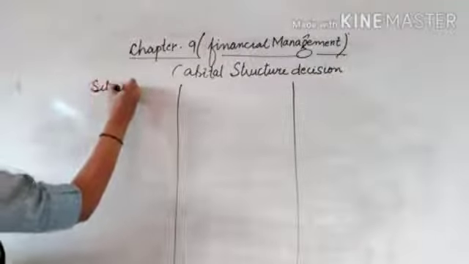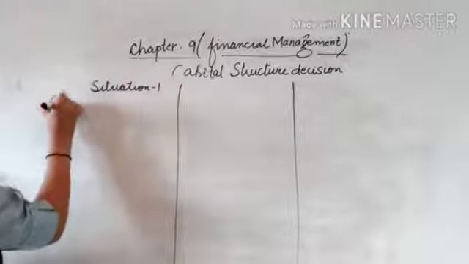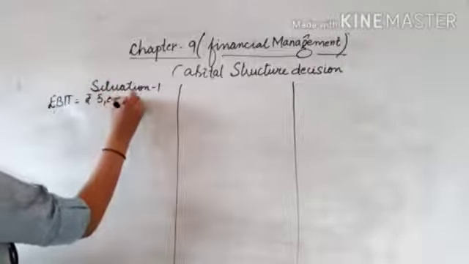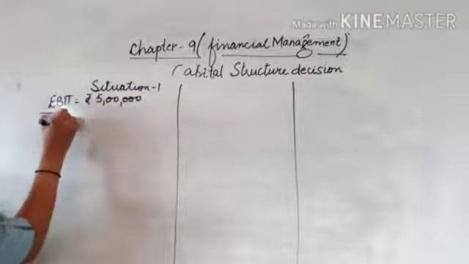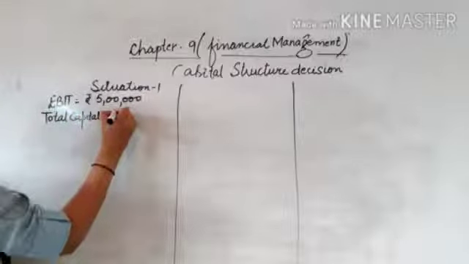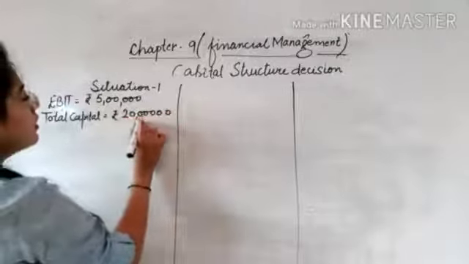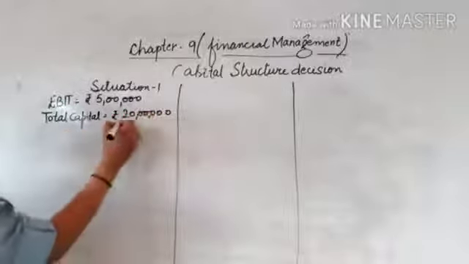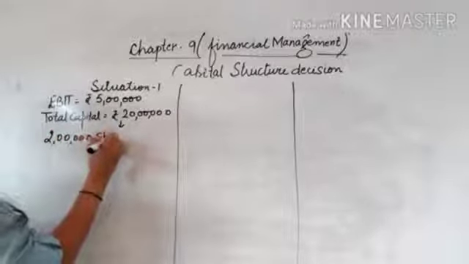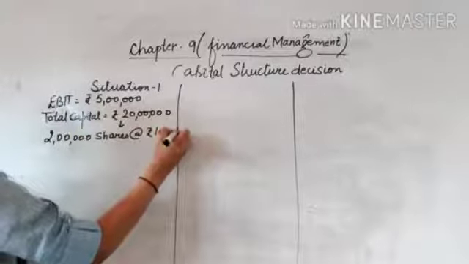Situation 1, EBIT rupees 5 lakh. Total capital rupees 20 lakh, divided into 2 lakh shares at the rate of rupees 10 each.